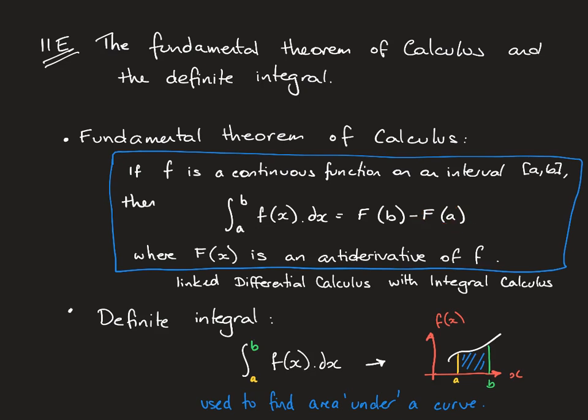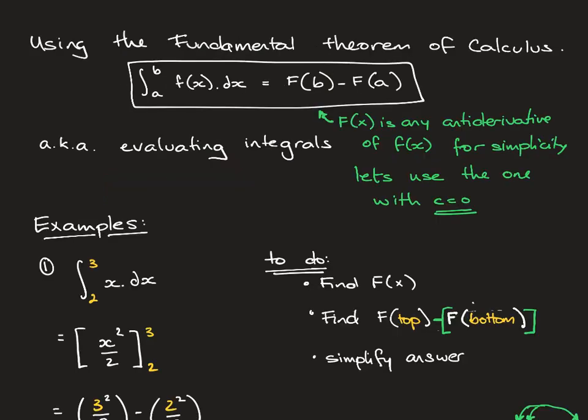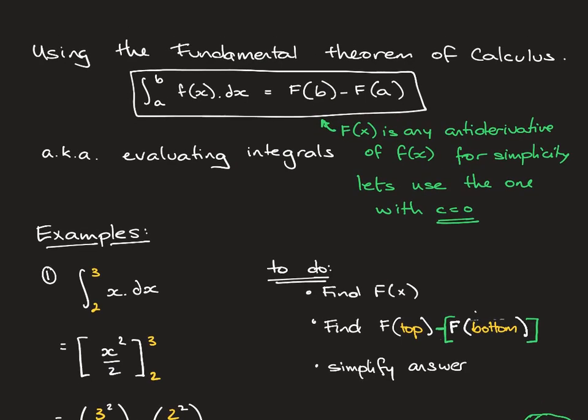So let's have a go at an example. Let's look at using the fundamental theorem of calculus, which normally in the textbooks or in a question will just say evaluate the integral. So using the fundamental theorem of calculus is also known as evaluating the definite integral. Now these antiderivatives, F of x, we can use any antiderivative of the original function as we like.